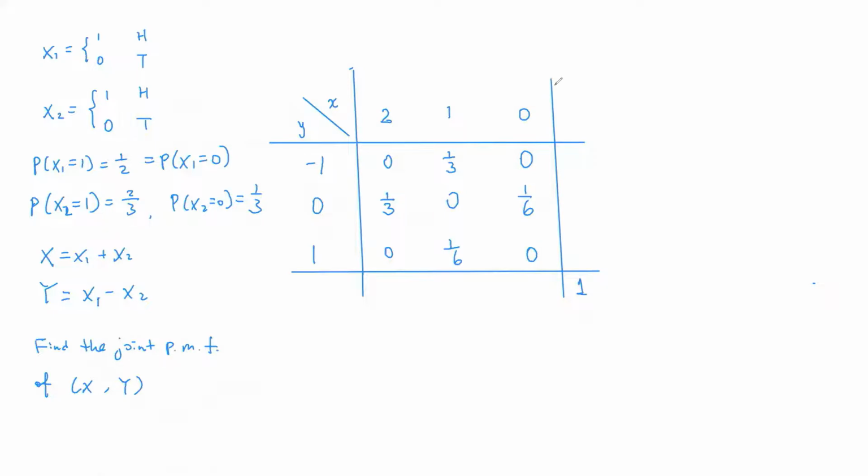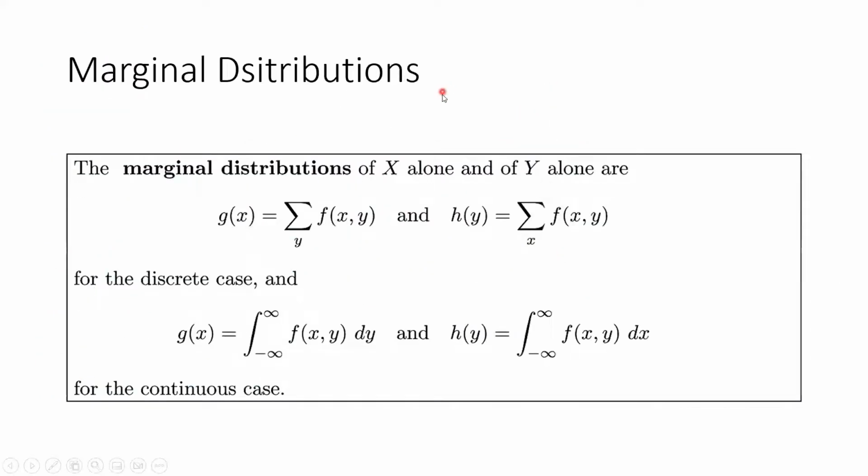Next, I want to introduce the concept of a marginal distribution. There are two of them if we are talking about the joint PMF of x and y. Two variables, so you have two marginal distributions. For the marginal distribution of x, we can use little g of x.